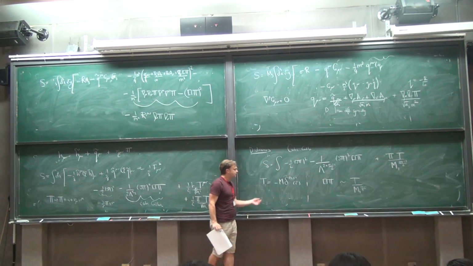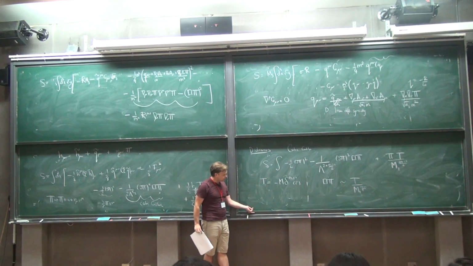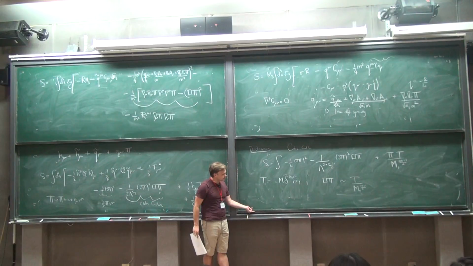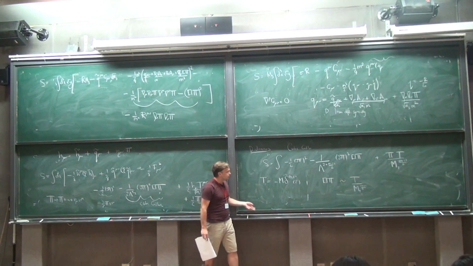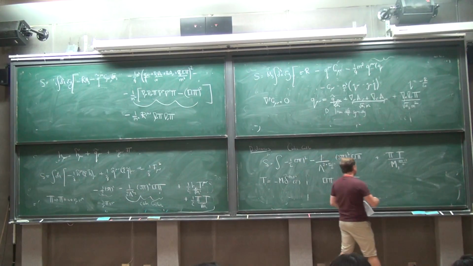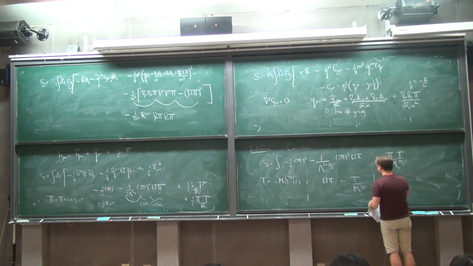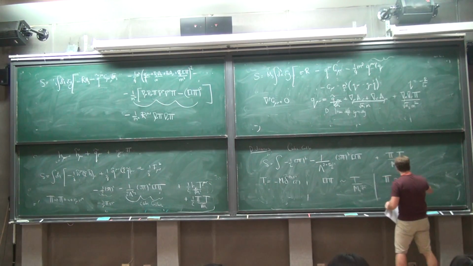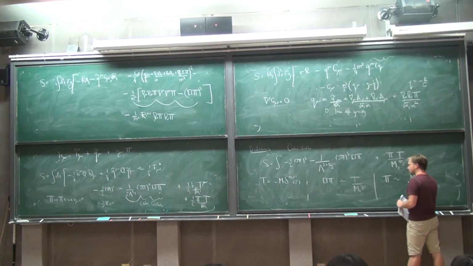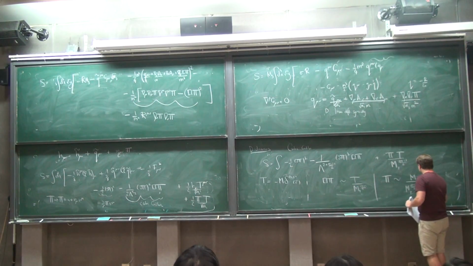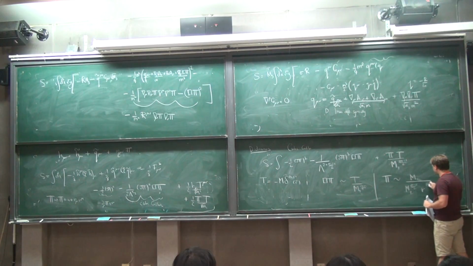If we look at static sources, that's just the standard Poisson equation in d dimensions. And so we know the general solution goes like π scales like m, the mass of the source, times M_Planck to the (d minus 2) over 2, over distance r to the d minus 3.